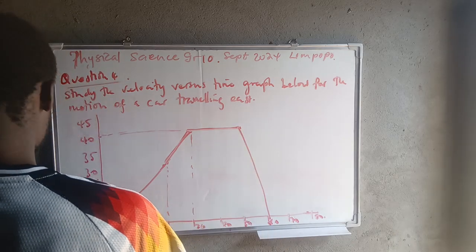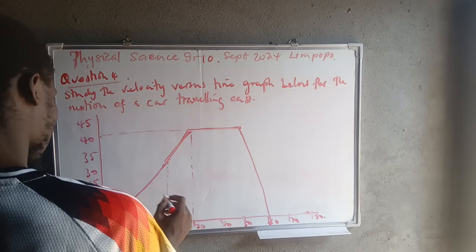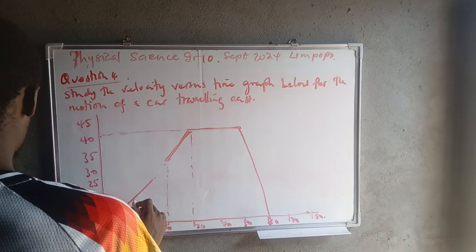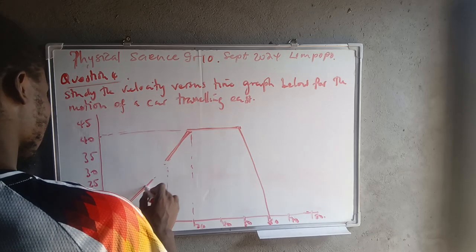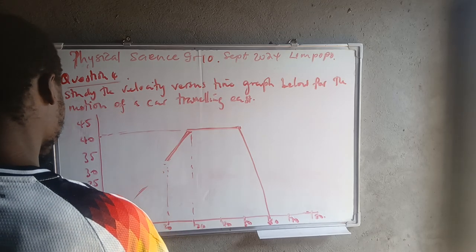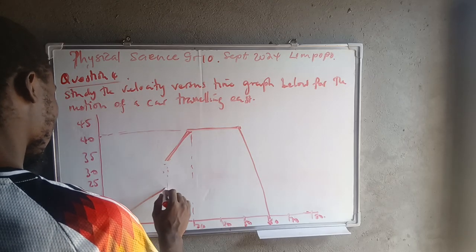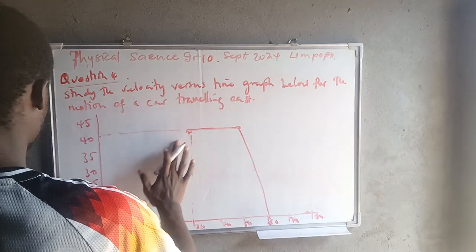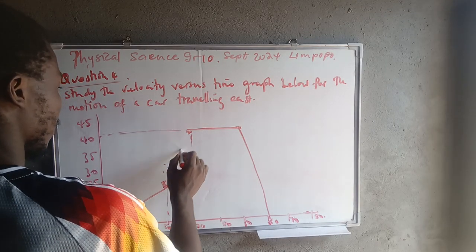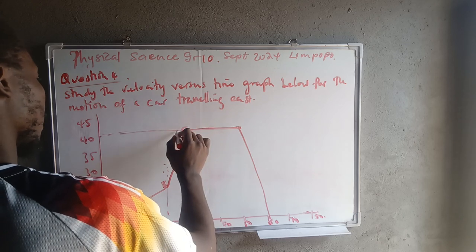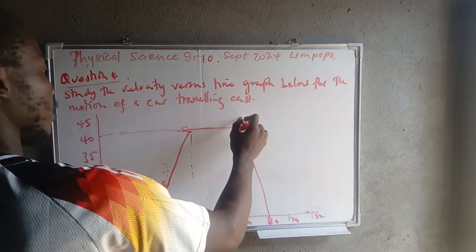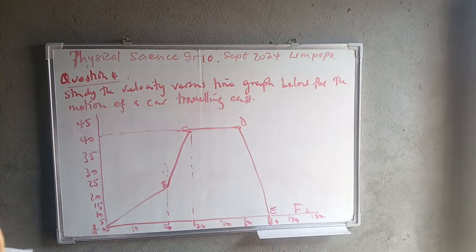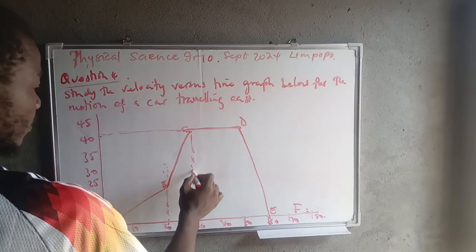So this is A to B. This is point B. Then from B to C, and that's D, and that's E, and this is F. So this is the velocity diagram.